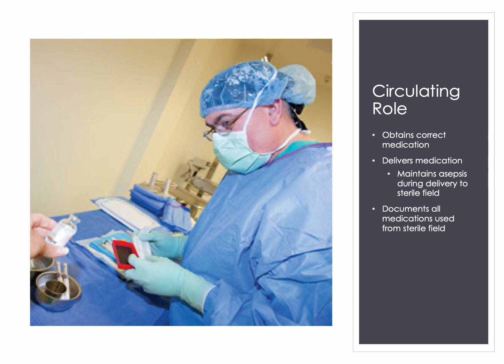It's also a best practice to check over the integrity of the container as well as look at the expiration date. Then they are going to deliver the medication to the sterile field using strict aseptic technique. During this time, the circulator and the ST are also going to verify the medication together.